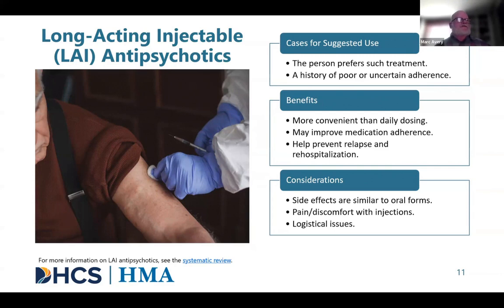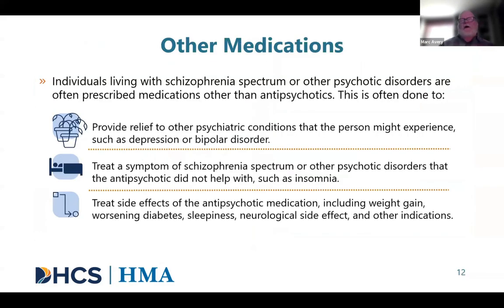Okay, let's move to the next slide, because as I mentioned, people experiencing schizophrenia are often prescribed other medications, and it can be confusing. Why is this one person receiving multiple medications? Well, first off, people with schizophrenia could also have medical conditions like blood pressure, diabetes, or high cholesterol, and may be receiving medications for those.